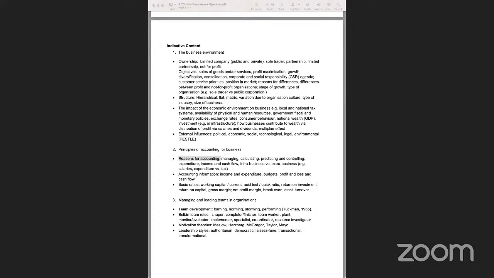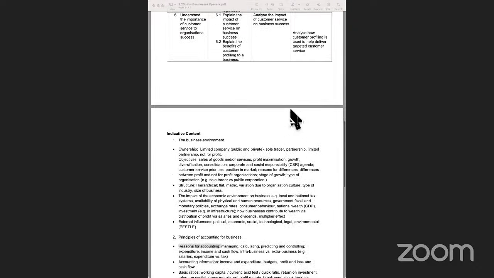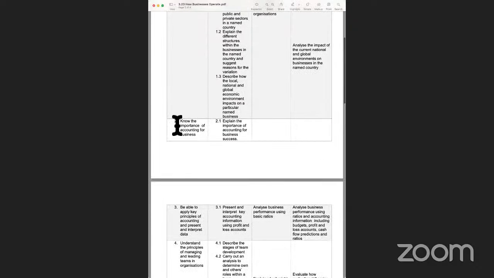So I want to discuss the basics of it today, which is just the one assessment criteria, which talks about knowing the importance of accounting, and looking in a bit more detail at the various types of statements that we need to be aware of, and why accounting is generally useful for the purposes of business.